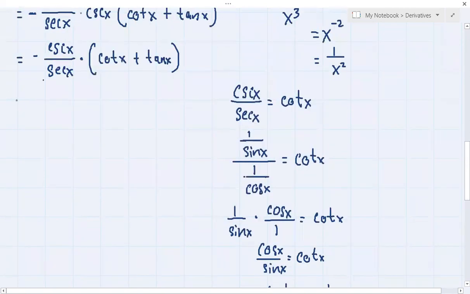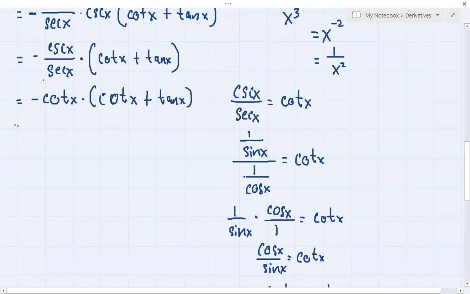So, therefore, si cosecant x all over secant x, siya ay magiging negative cotangent x. Okay? So times quantity cotangent x plus tangent x.